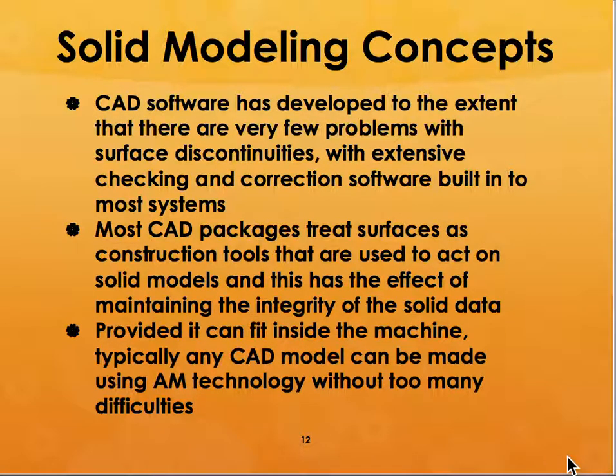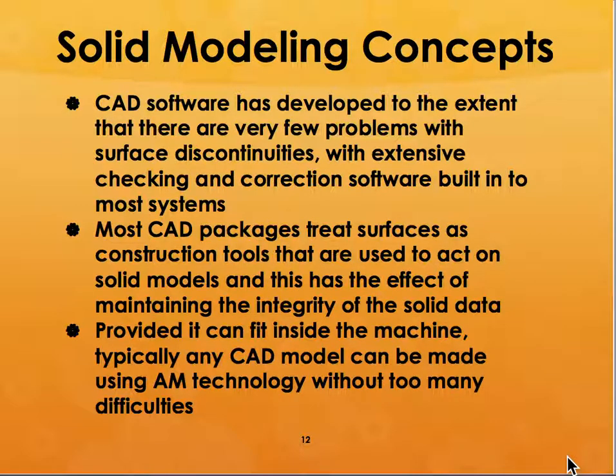When it is translating that for the particular additive manufacturing machine, sometimes when you save it, it will ask you, are you using this for this particular additive manufacturing machine or not? And then it will check and say, hey, there are some problems here, you need to go and correct it. Or it will say, do you want me to correct it for you? It will automatically do that for you.